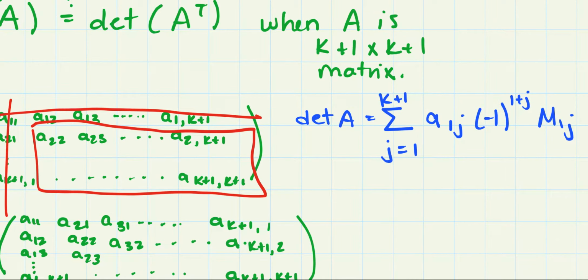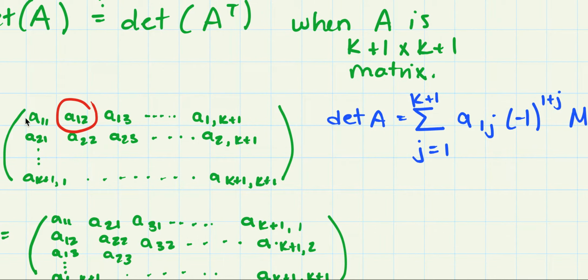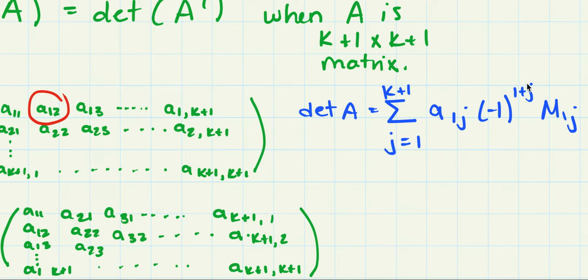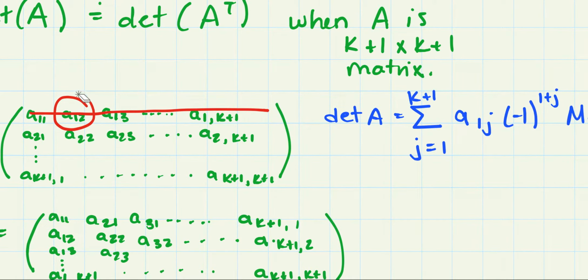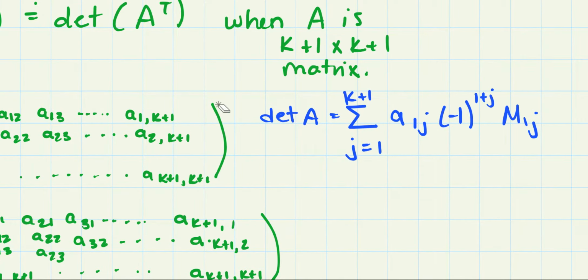And then we move to the next entry in this row, which is A12. Then we do negative 1 to the 1 plus 2, and then take the minor matrix, which consists of this column and the rest of this. Okay? So this is the determinant of A, going along this particular row.